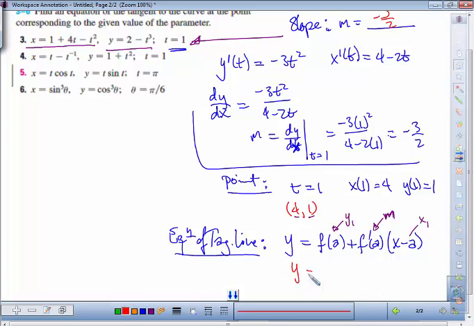Your equation: y is equal to 1 plus, let's say, negative 3/2 times x minus x1, which is 4. You can simplify this if you want, and then it should be easy enough. It's just simple algebra to simplify. But this is the equation.